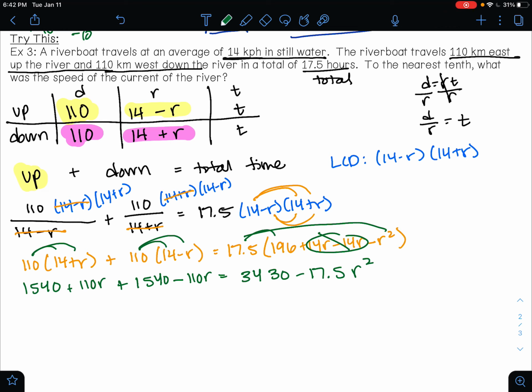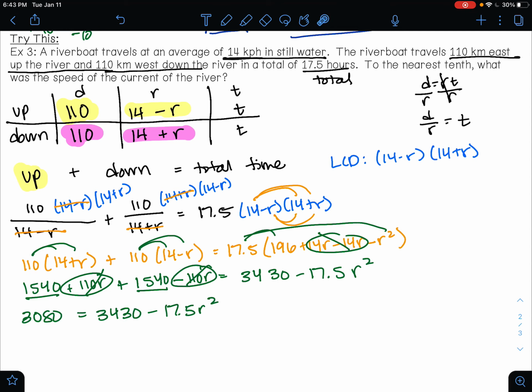So let's simplify this a little bit. 1,540 plus 1,540 is 3,080. 110R minus 110R cancels. And that's going to equal 3,430 minus 17.5R squared. Here I have a quadratic.